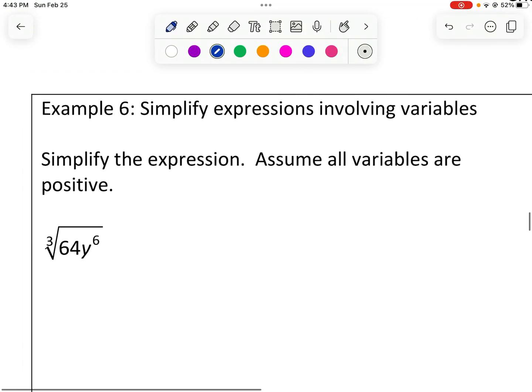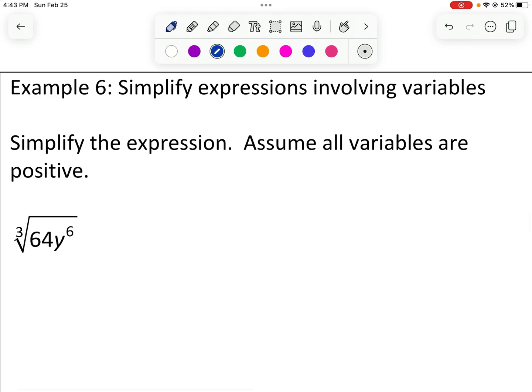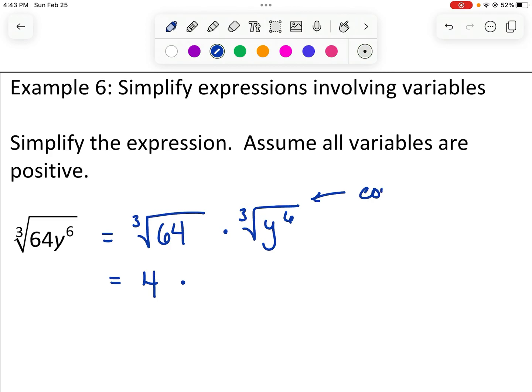So example 6, simplifying expressions involving variables. Simplify the expression. What I think is the most helpful is to first separate this. So we're going to write this as the cubed root of 64 times the cubed root of y to the 6th power. The cubed root of 64 is 4 times, now we're going to convert to exponent form.